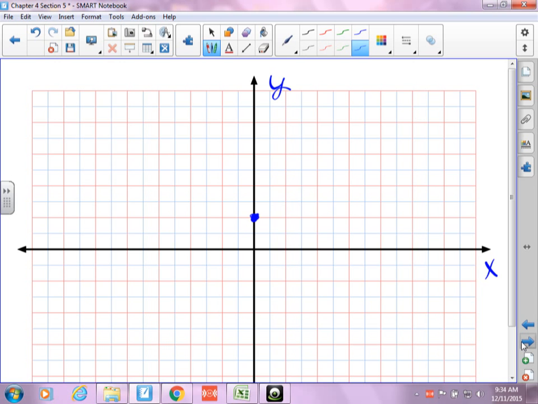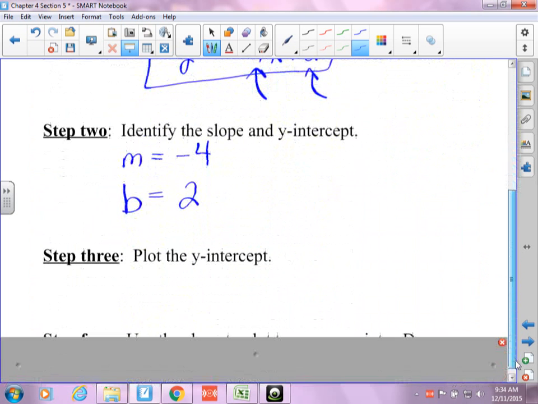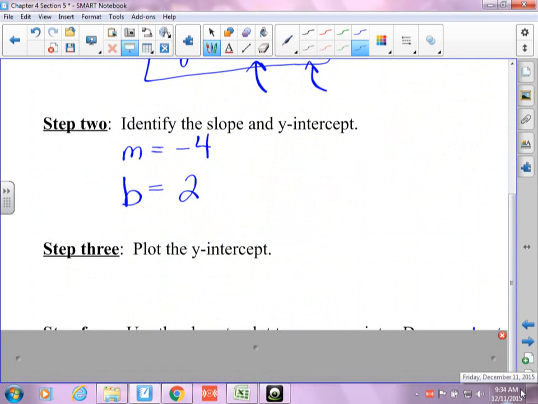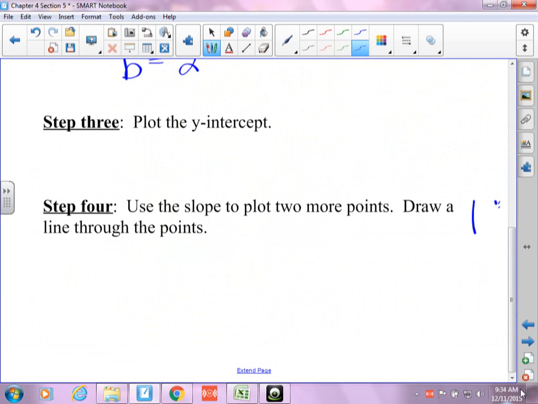See that? It's always on my y-axis, always. That's my starting point. I always start with that. And then I go back to my list, and it says to use the slope and plot 2 more points and draw a line through those points.